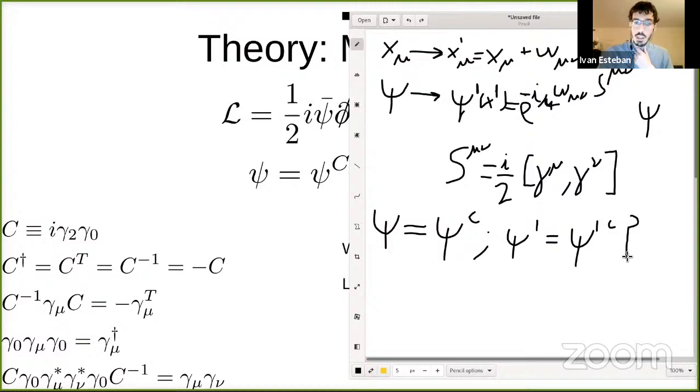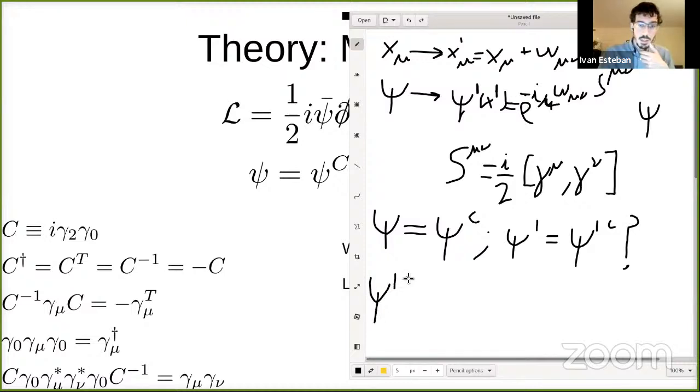That is, assuming that the field is its own charge conjugate in one Lorentz frame, is it also its own charge conjugate in a different Lorentz frame? To check it, we just have to substitute psi prime by this expression, assume that this holds, and check if this would be the case. So let's do it. This is a nice exercise on how to operate with the charge conjugation matrix and how all this algebra works out.